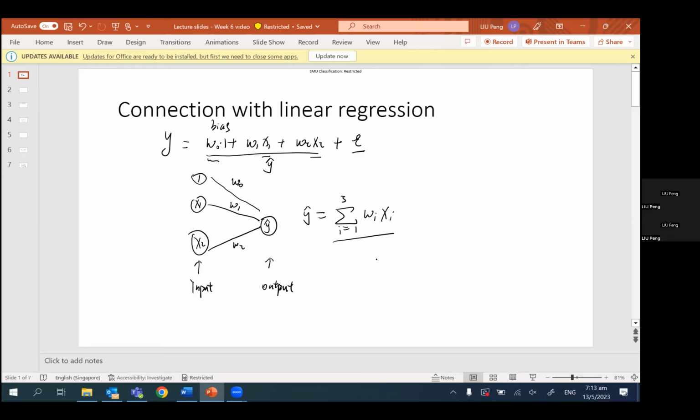We would like to add flexibility to the model by introducing non-linearity. This non-linearity is what makes the difference between linear regression and neural networks. So how do we introduce the non-linearity?